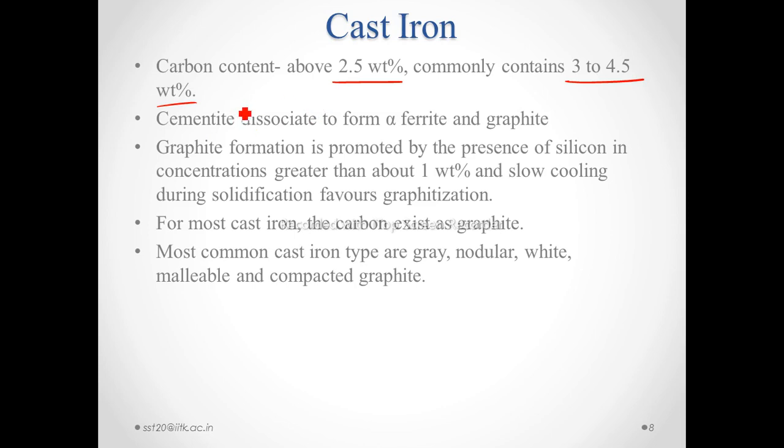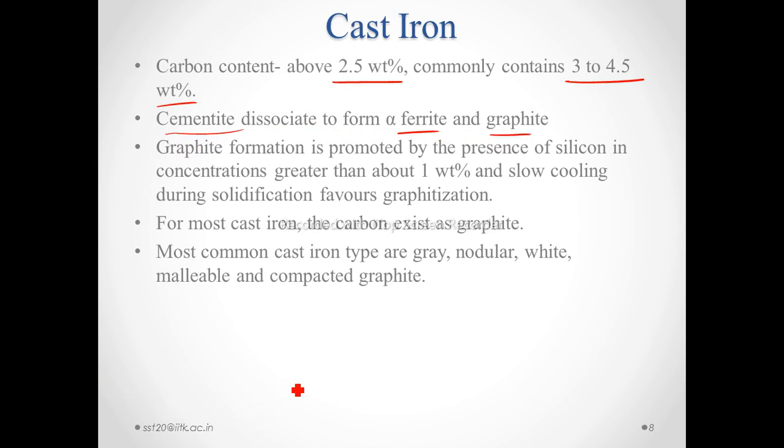As we said in the previous section, alpha ferrite and pearlite are present in the steel, with carbon in the form of cementite. But in the cast iron it is in the form of alpha ferrite and graphite.